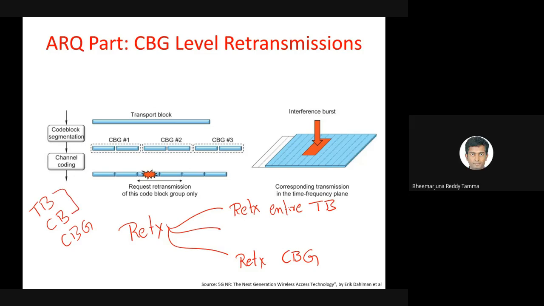Tell me, how are these related? The transport block is the entire block with only one CRC. If we send it in one go and some error happens, we don't know exactly where the error is, and we may have to retransmit the entire transport block.